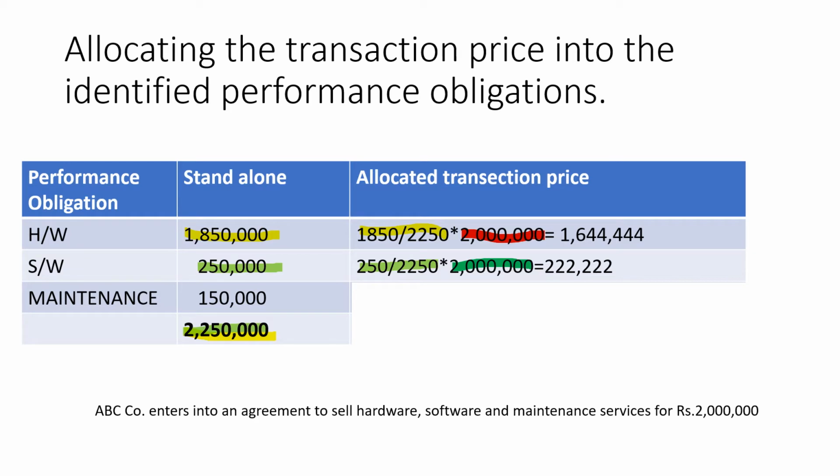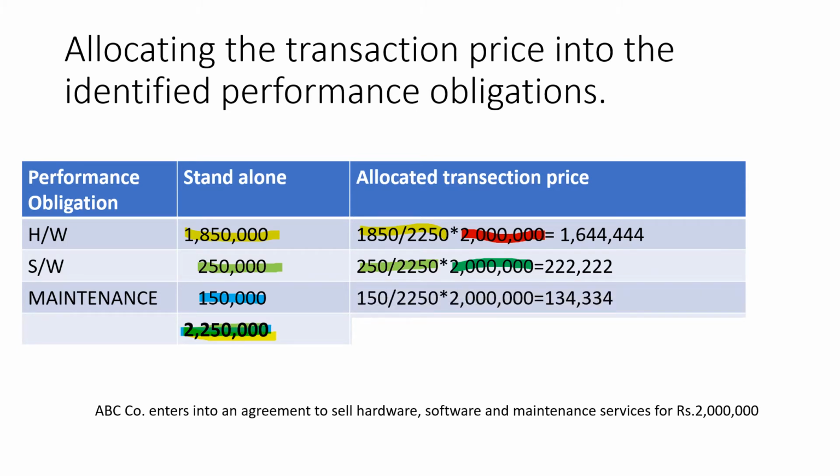Then finally, the standalone price of the maintenance is 150,000. Then what we are going to do, we are going to take the fraction of this with the total standalone price of 2,250,000.